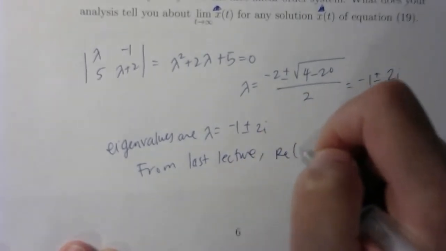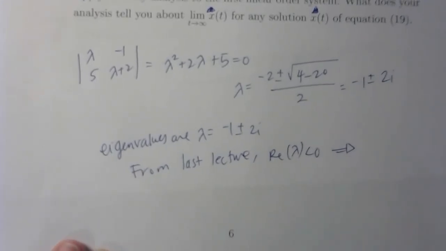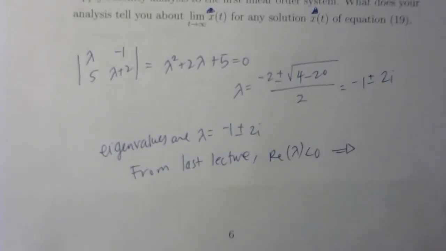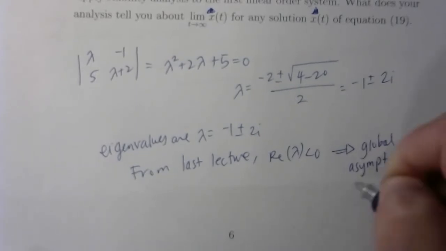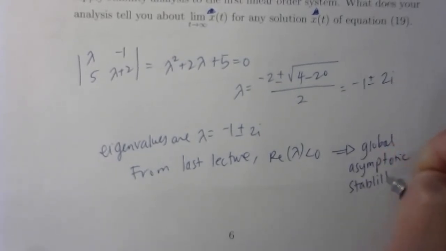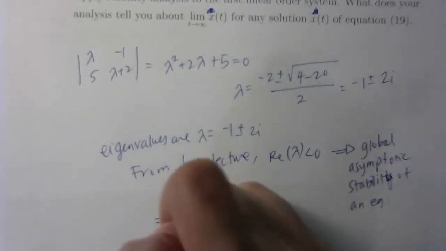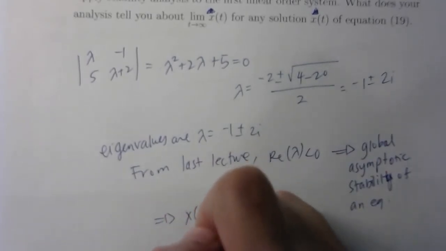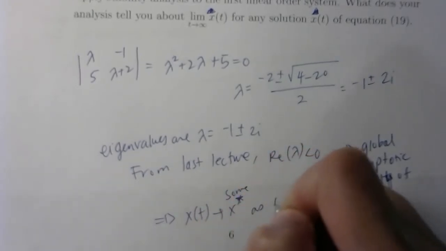So from the last lecture, we know the real part of lambda being less than 0 implies that all solutions go to an equilibrium: global asymptotic stability of an equilibrium. So that implies that x of t goes to some x star as t goes to infinity.